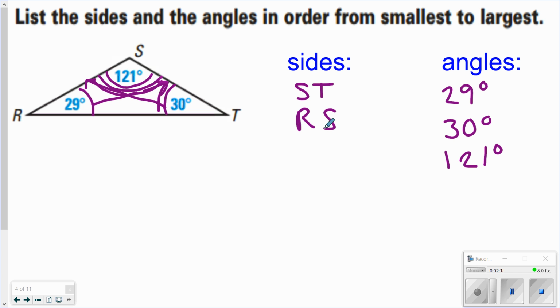Our largest angle is 121, so the opposite side is going to be the longest side, which in this case is RT. So we just listed everything from smallest to largest.